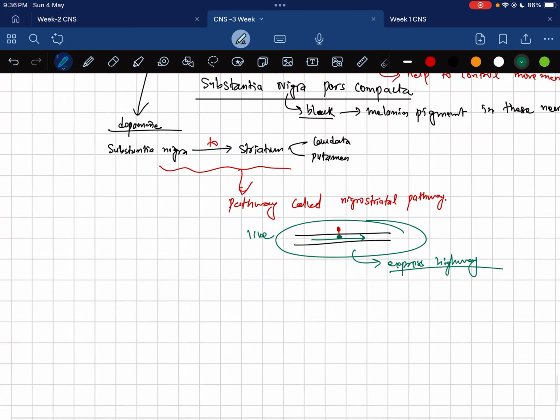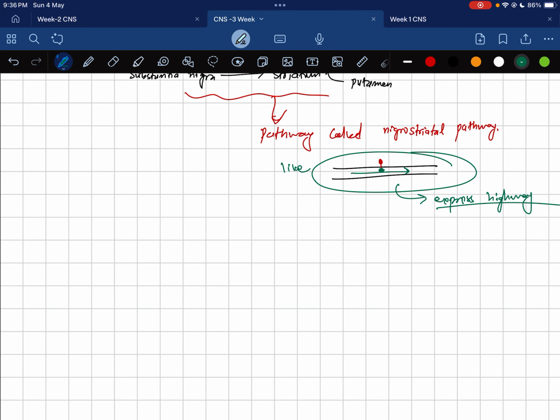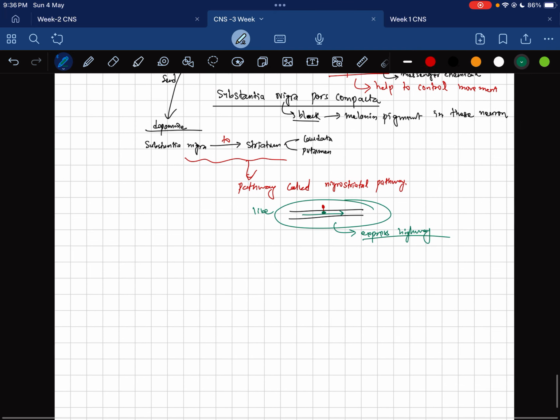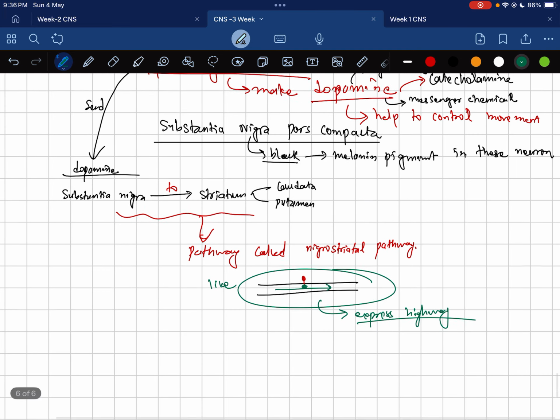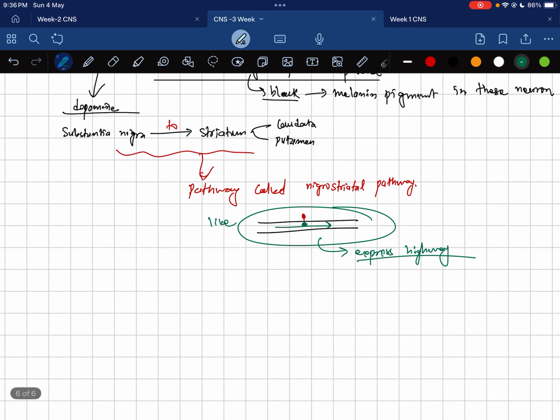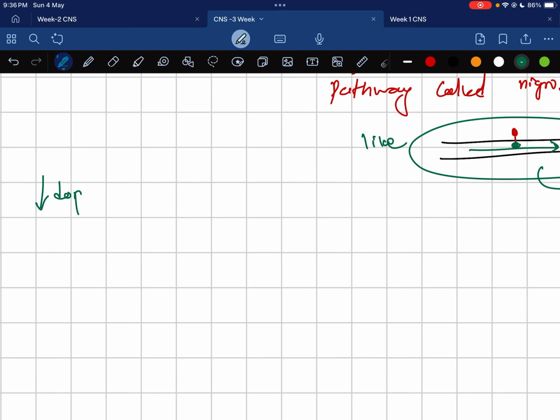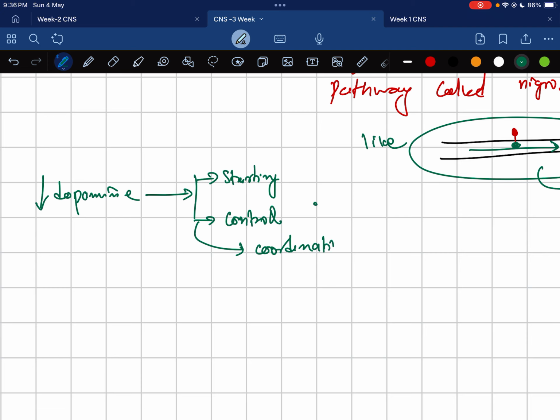Moving on, what happens in Parkinson disease? These dopamine neurons die, and that leads to decreased dopamine.